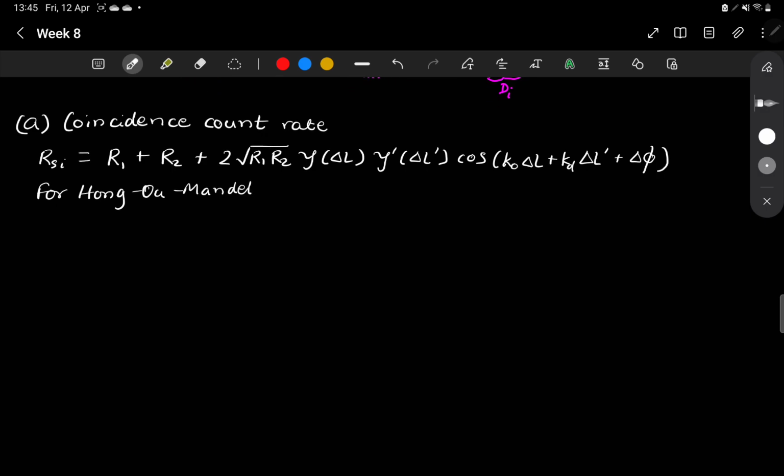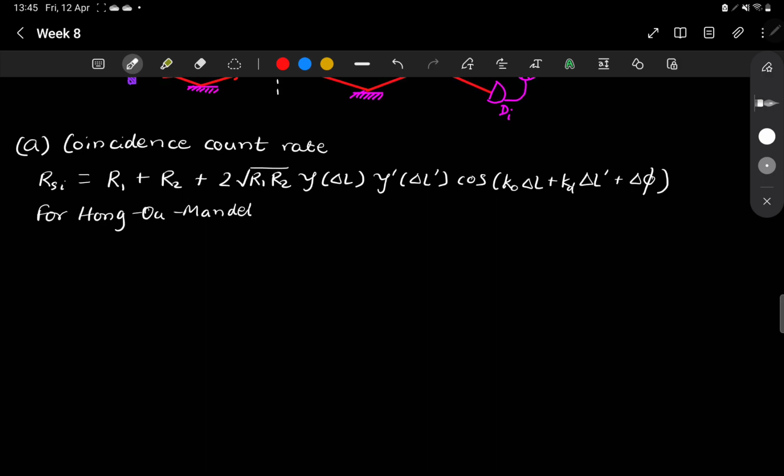Now for a Hong-Ou-Mandel setup, we need to find what each of these terms are. So delta L prime is equal to 4x cos theta, which is approximately equal to 4x for theta approximately equal to 0.